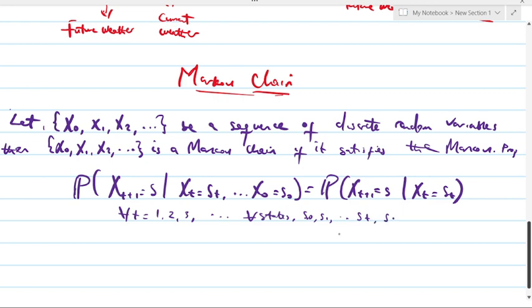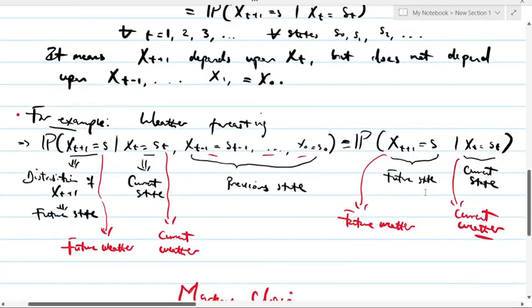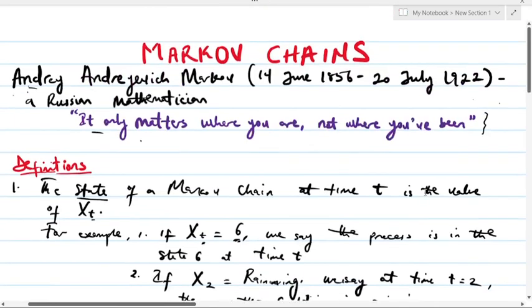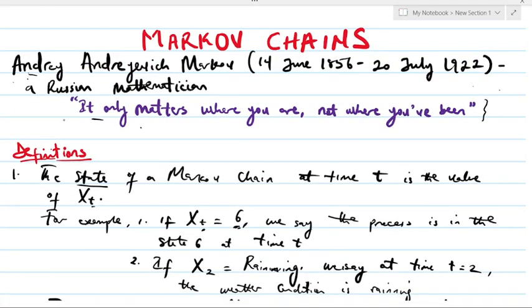So you can see that in a Markov chain, for us to predict the future state, we just have to depend on the current state. So that is why this quote captures everything about Markov chains: it only matters where you are, not where you have been. Alright, so we stop here for today.